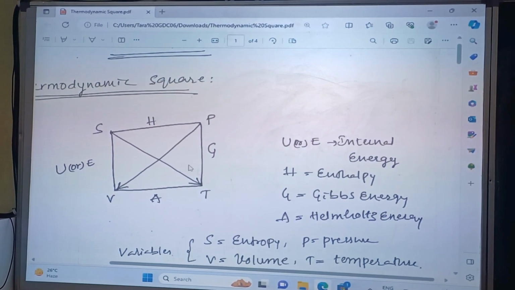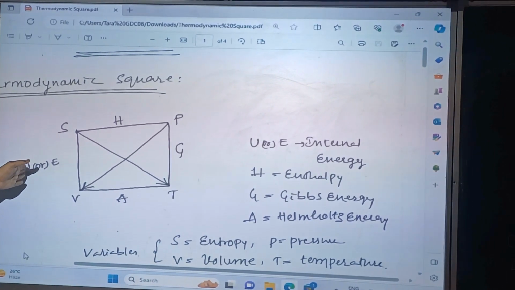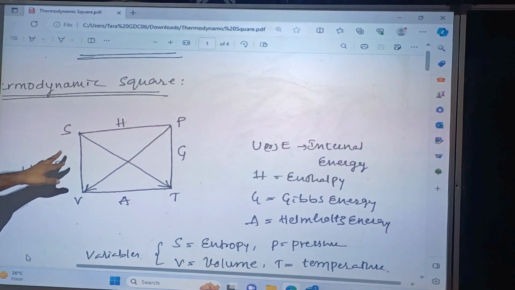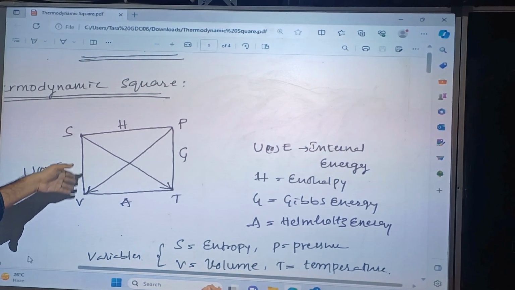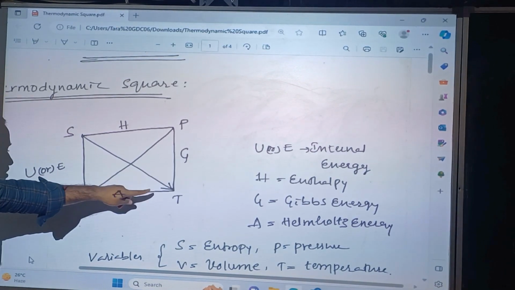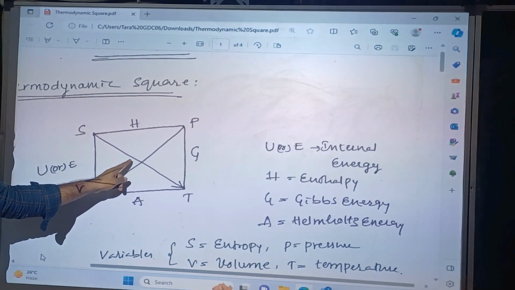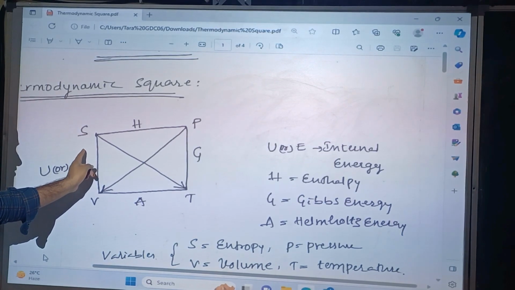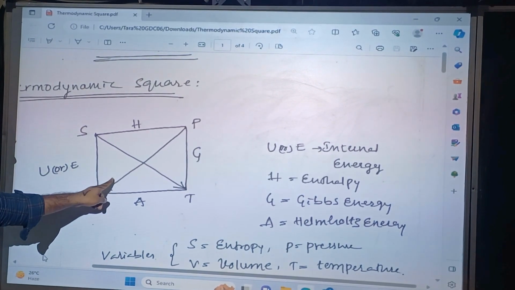Now you see here, S is there. To get the partial differential equation of internal energy U, we have to differentiate these respective variables, ∂S, ∂V. Now if you see here, T ∂S, and the arrow mark is away, that's why we will get a plus sign before it. And here minus P ∂V, why minus?